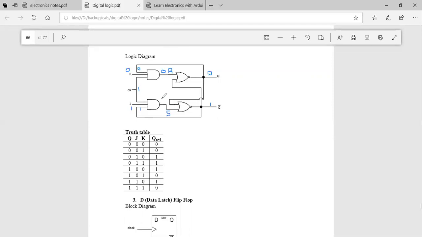So you put a 1 here. Now, remember, S is 1, R is 0. What did we say would be here? It will be set. Please note that it's set, which means the 0 that we started with will change to 1. And that's why you can see a 1 here.